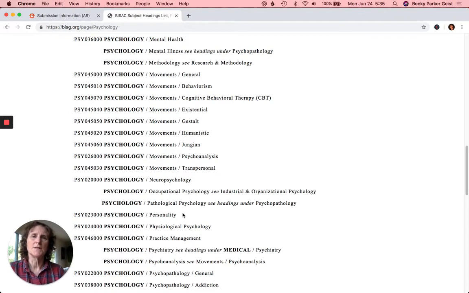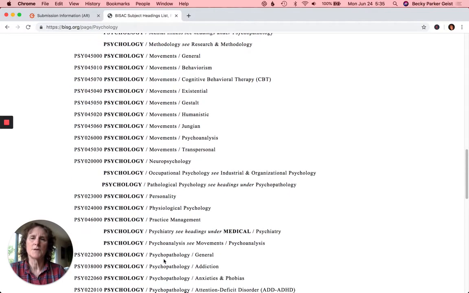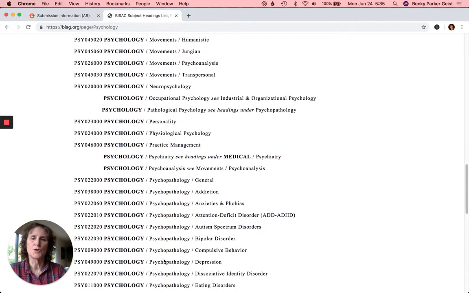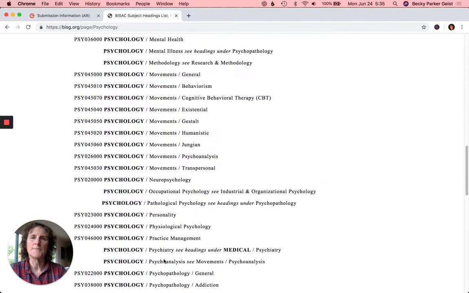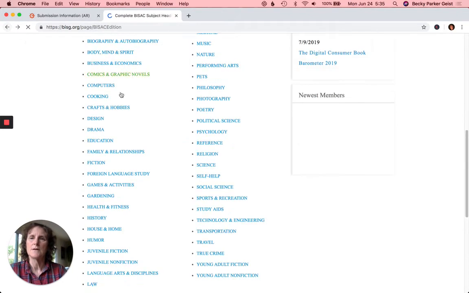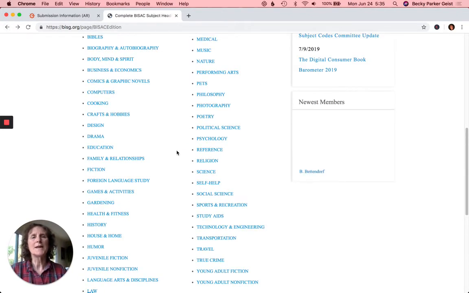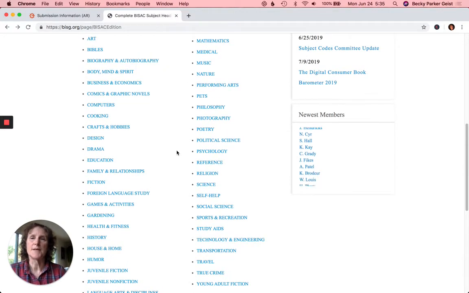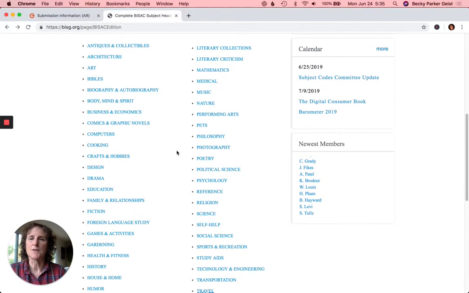Maybe that relates to something that's in your book. So you may want to be pulling some categories from this larger category. All right, and then we go back. Let's keep looking. Again, we want to gather as many possibilities up front out of these larger groups, so that we make sure that we're really covering our bases and you get a good selection.